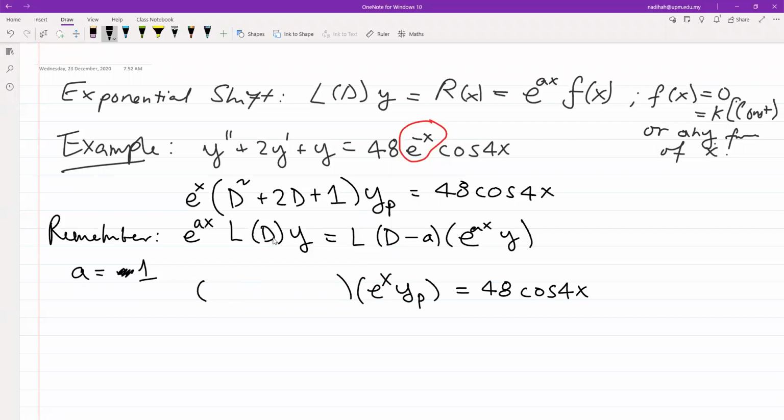All we need to do is change the d into d minus a.